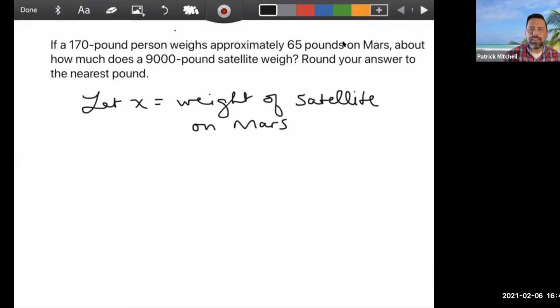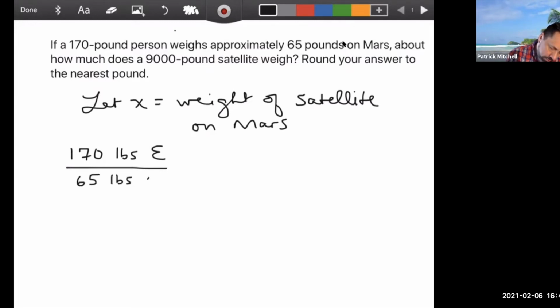Okay, and then your proportion could go something like this. 170 pounds on Earth, that letter E stands for Earth, is to 65 pounds on Mars as 9,000 pounds on Earth is to x pounds on Mars.